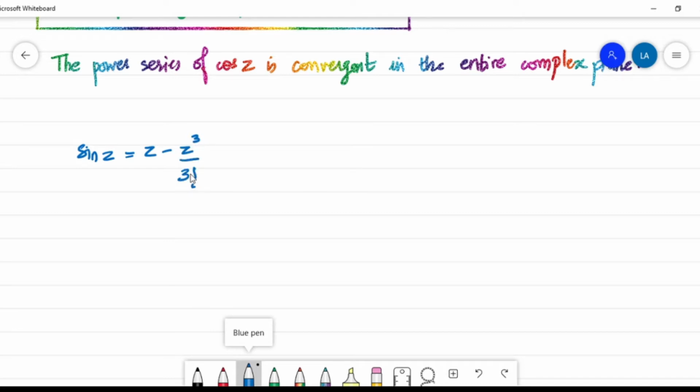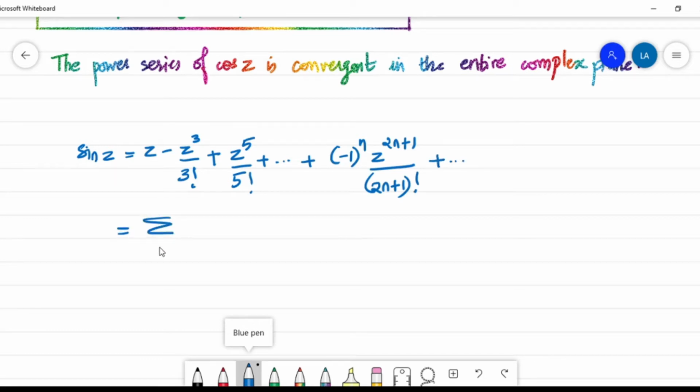In the real power series, instead of z we have x, that's it, plus z raised to 5 by 5 factorial plus etc, plus the general term minus 1 raised to n into z raised to 2n plus 1 divided by 2n plus 1 the whole factorial plus etc. So that is equal to summation n is equal to 0 to infinity minus 1 raised to n divided by 2n plus 1 the whole factorial into z raised to 2n plus 1. This is the general term.